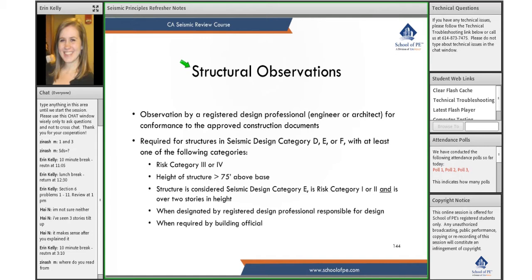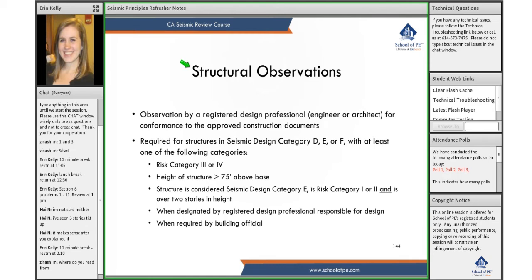The structure is considered seismic design category E, is risk category 1 or 2, and is over 2 stories in height. So I think a lot of Los Angeles and the Bay Area are both seismic design category E. So that's kind of where you'll see that. So notice that the occupancy category is reduced in that situation, and so is that height limit.